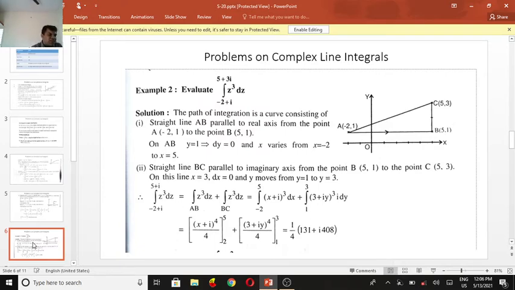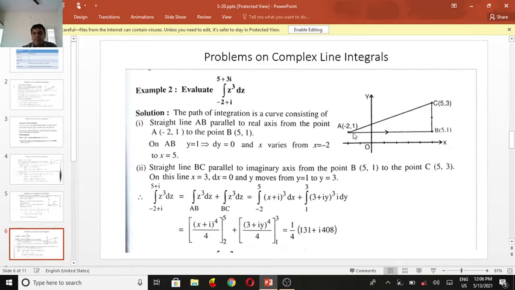I draw the x-axis and y-axis, and make a line AB. The line segment AB is parallel to the real axis, from the point A of minus 2 comma 1 to the point B of 5 comma 1.